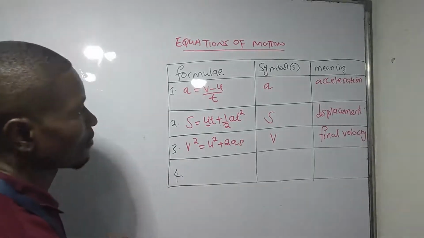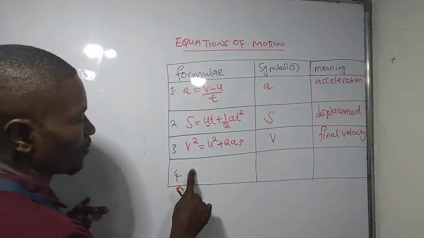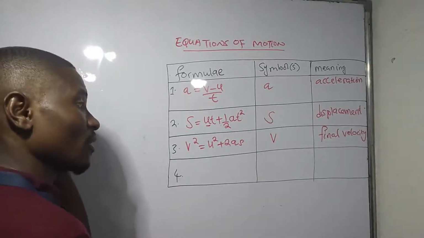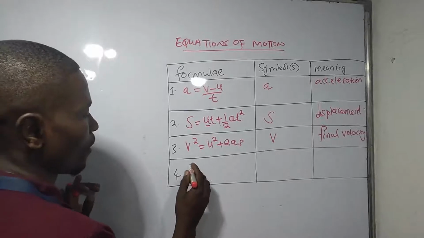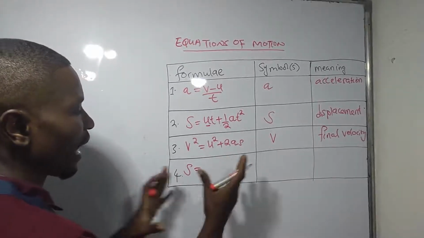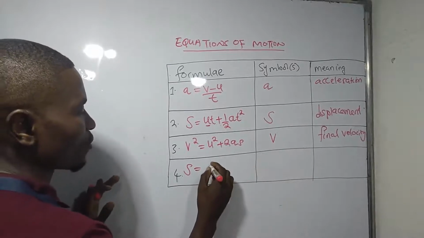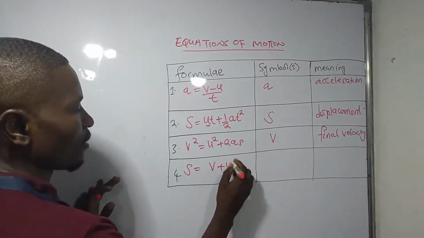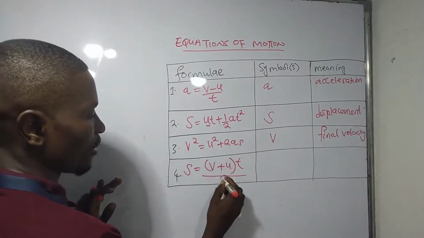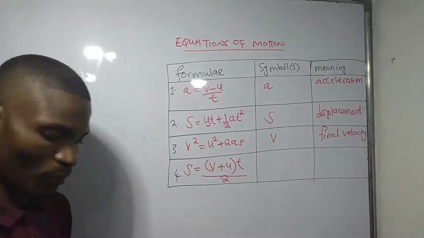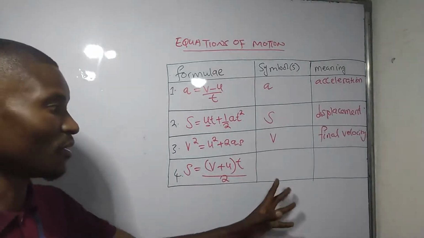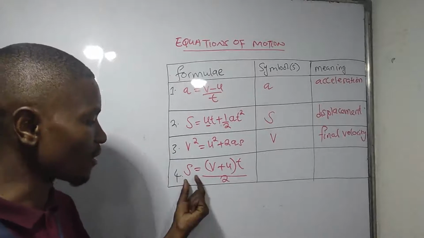And then, the last one is not normally necessary. You can also say displacement can be found by the average of the final and initial velocities multiplied by time, that is, s equals (u plus v) times t divided by 2. You can also use this formula to calculate the displacement.